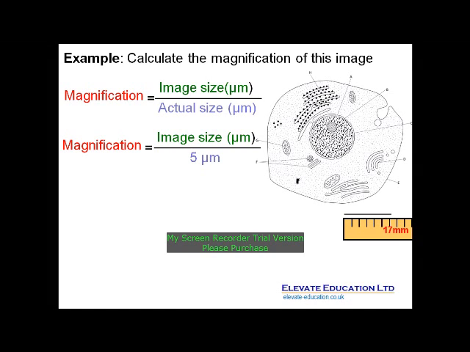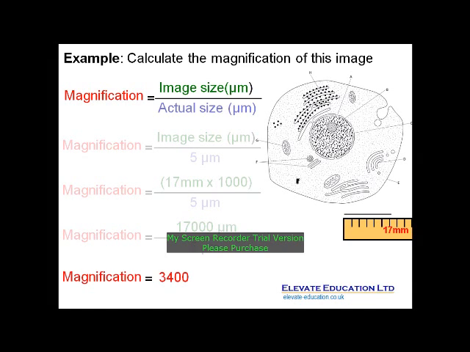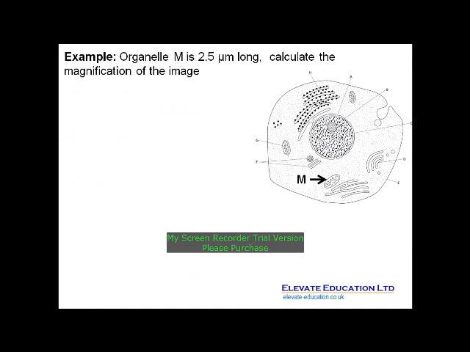So to convert millimeters to micrometers, we have to multiply by 1,000. So we end up with 17,000 divided by 5, which tells us the magnification of the cell in this diagram is 3,400 times.